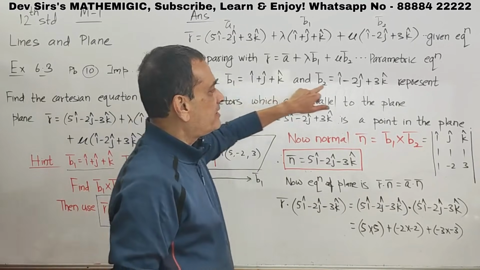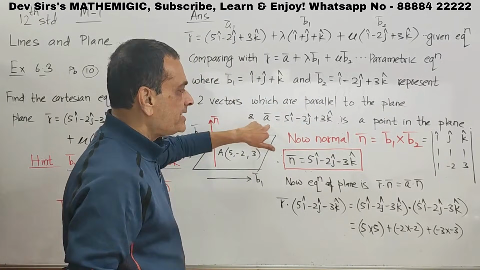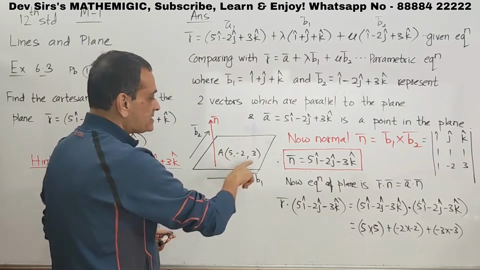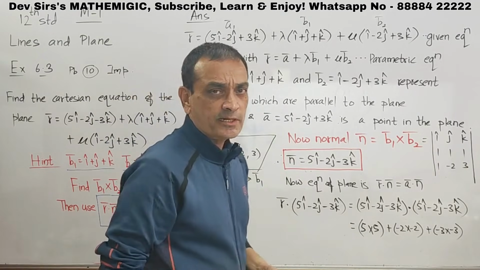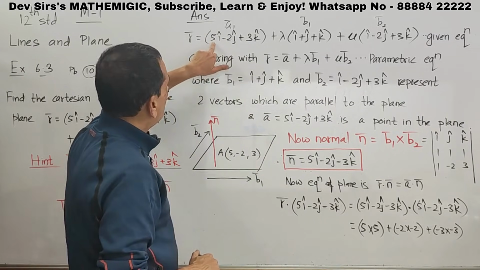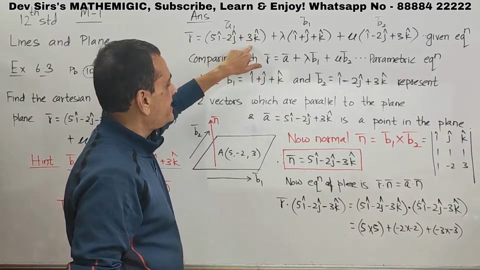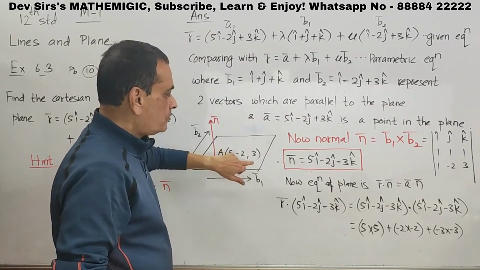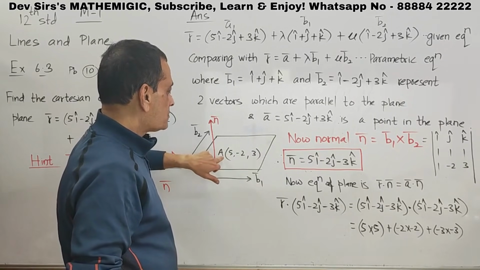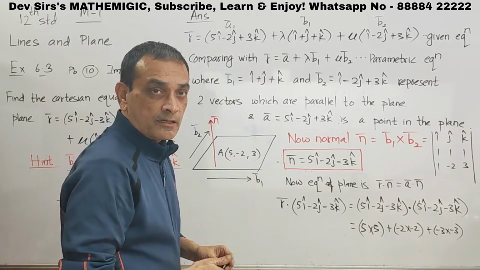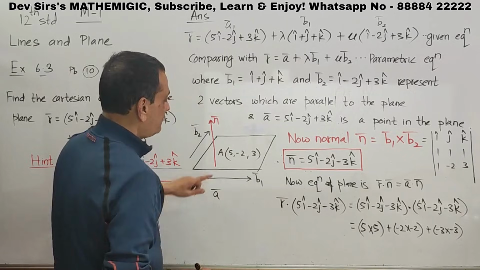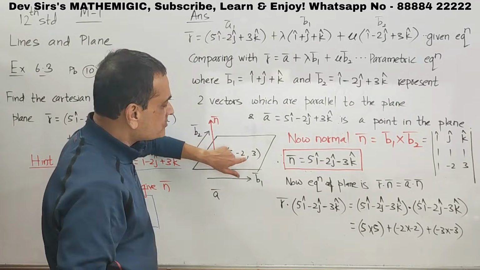So I have just explained B1, B2, and A bar, where the first bracket is A bar. Now what is A bar? The plane passes through the point A. Point A is present on the plane. So just observe now. If you take the coefficients 5, -2, 3 of the first bracket, you directly get the coordinates of the point A. So position vector of A is A bar, which is given as 5i - 2j + 3k.